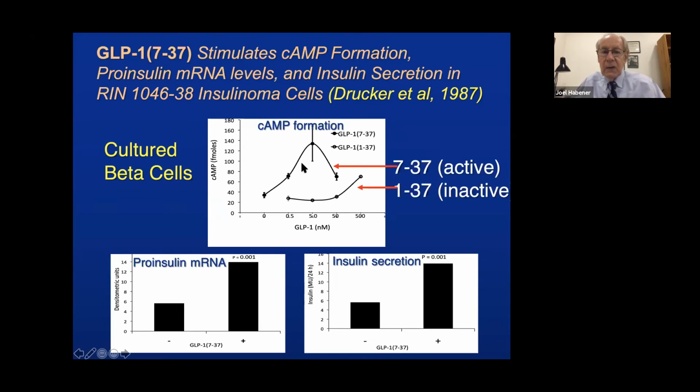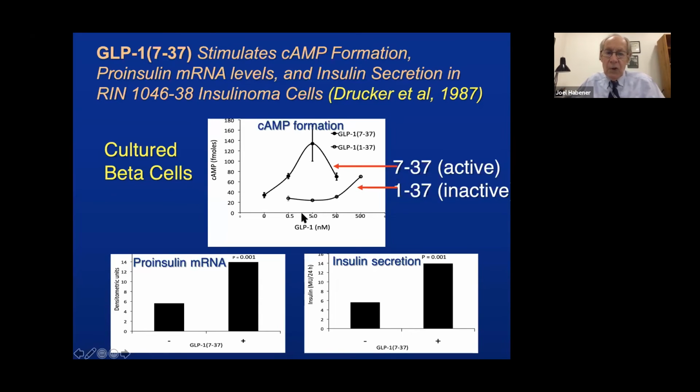As you can see here, with a maximum stimulation of cyclic AMP at 5 nanomolar, and the 1 to 37 had no activity until you're out to 100 times higher concentration, which is probably artifactual conversion of some of the 1 to 37 to the 7 to 37.